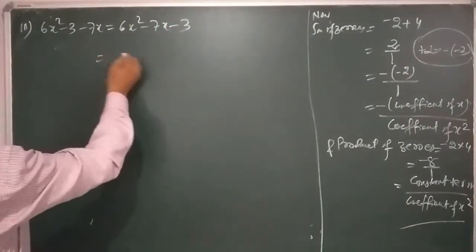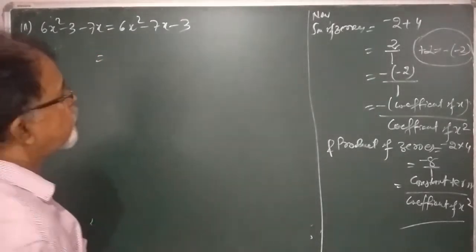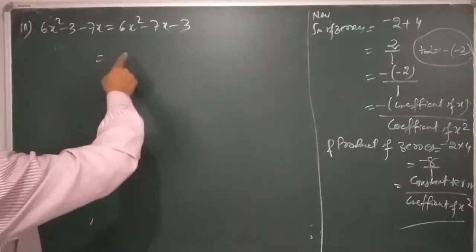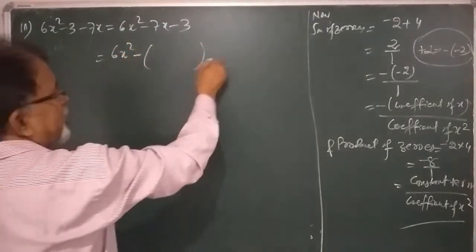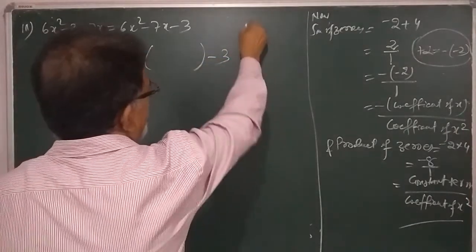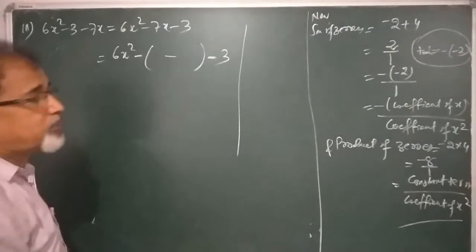Now once again, I am going to find the factors of this polynomial by splitting the middle term, 6x square minus 7x minus 3. This is a negative sign, that's why we write here a negative sign.